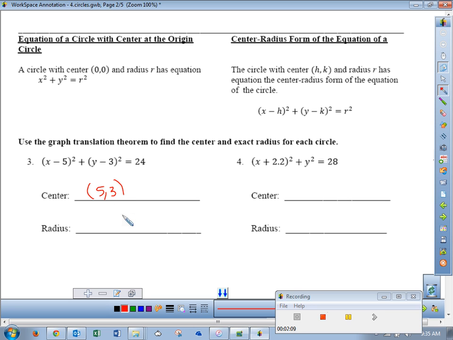The radius of this one, since 24 is not a perfect square, is the square root of 24, but we need to simplify the radical if possible. Thinking about perfect squares: 1, 4, 9, 16, 25. 25 is too big, 16 does not go into 24 evenly, 9 does not go into 24 evenly. Doesn't 4 go into 24 evenly?